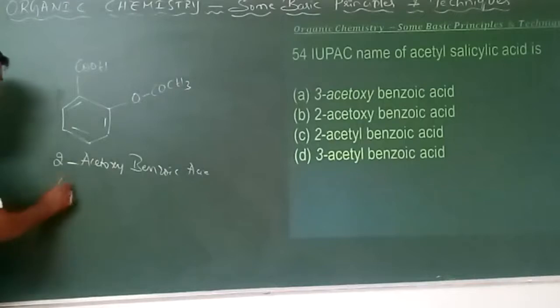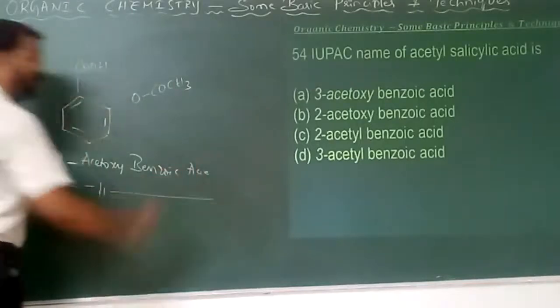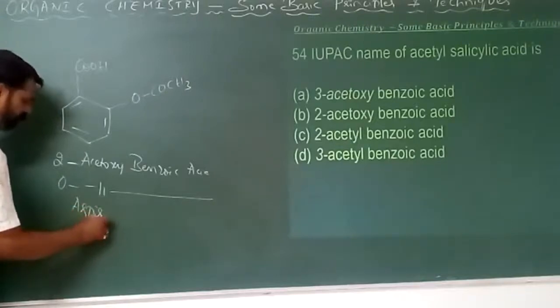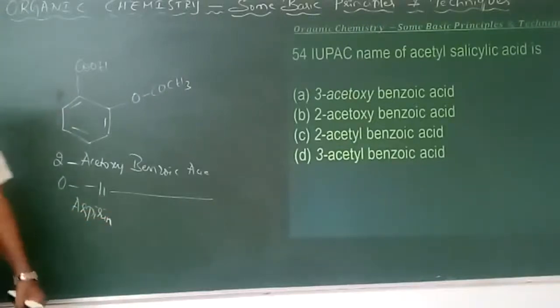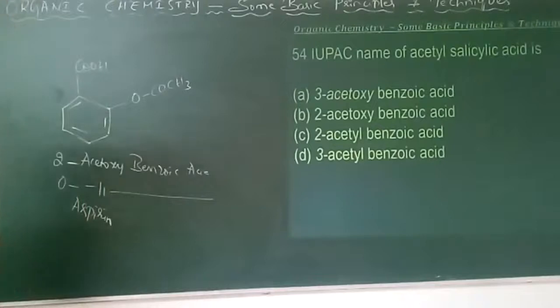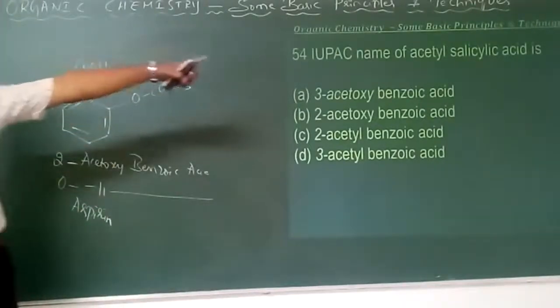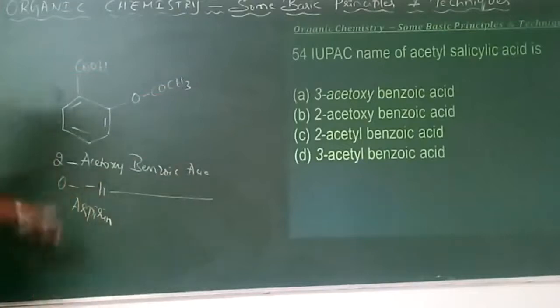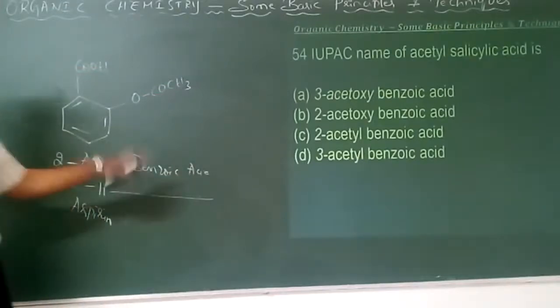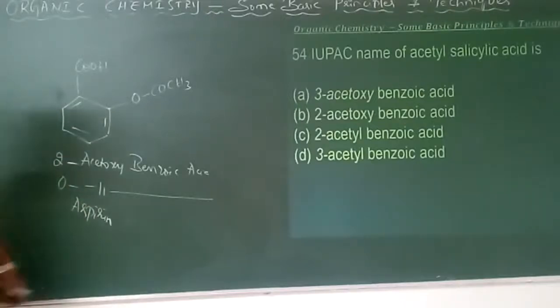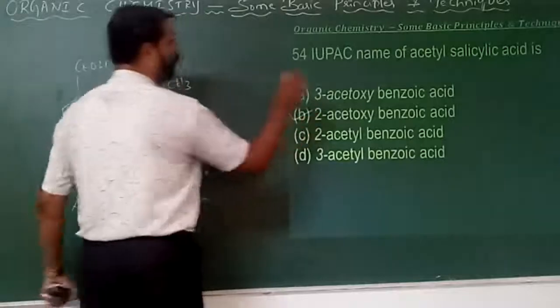Our common name for that one is ortho-acetoxy benzoic acid. Commercially it is sold as an antipyretic or analgesic drug in the form of which one? Aspirin. Aspirin is chemically called acetyl salicylic acid, and its IUPAC name is 2-acetoxy benzoic acid, or in the common system ortho-acetoxy benzoic acid. Therefore, it is 2-acetoxy.